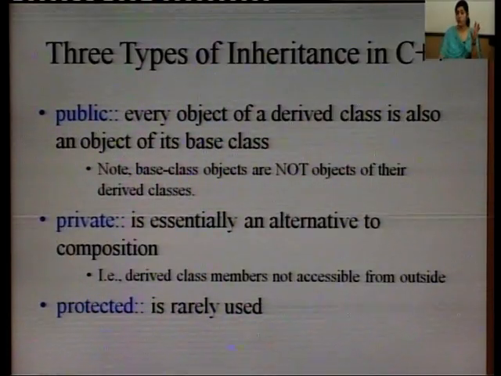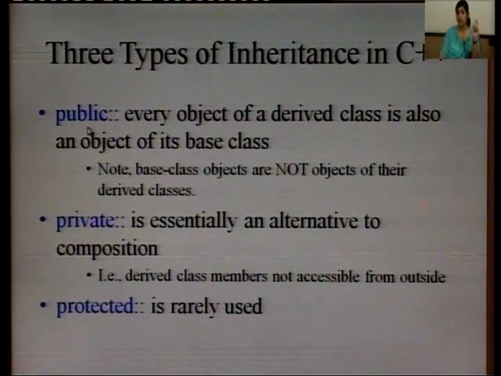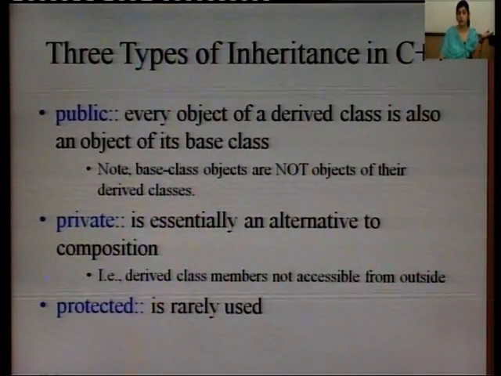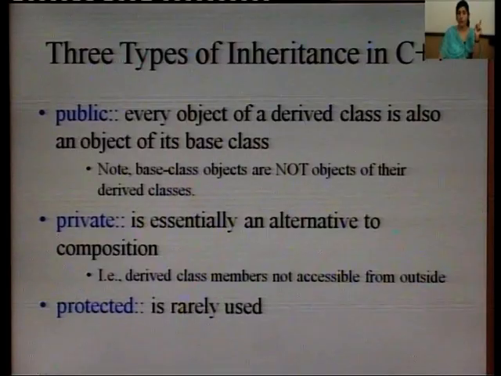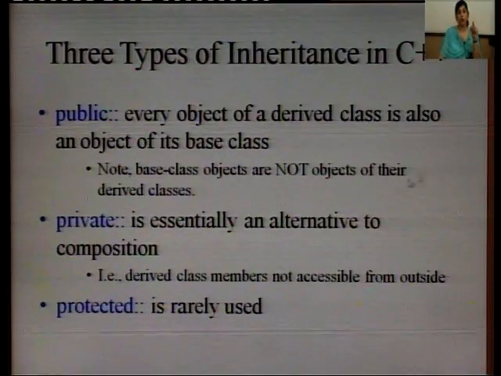Note down this concept: whenever you derive a class as public from the base class and then declare an object of the derived class, that object can access the methods of the base class, but vice versa is not true. I repeat, every object of a derived class is also an object of its base class, but base class objects are not objects of their derived classes. Clear?